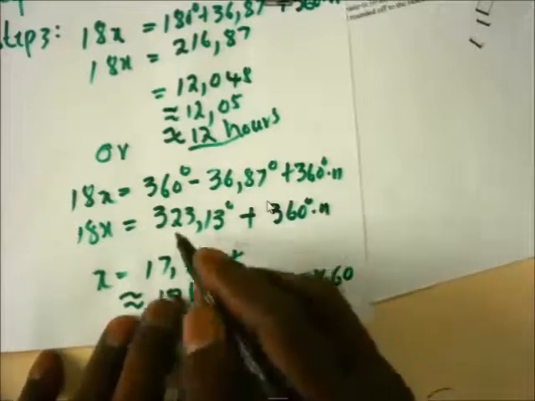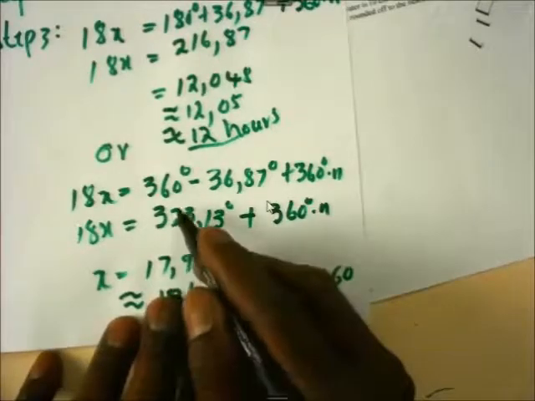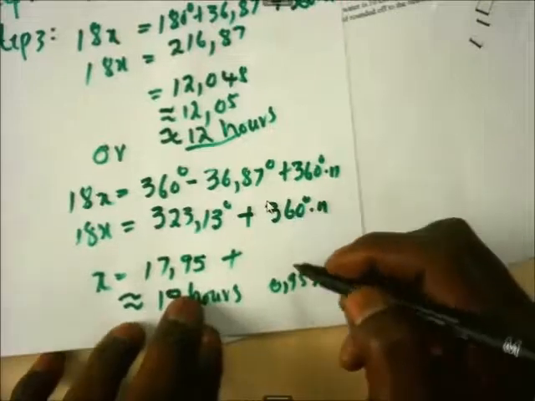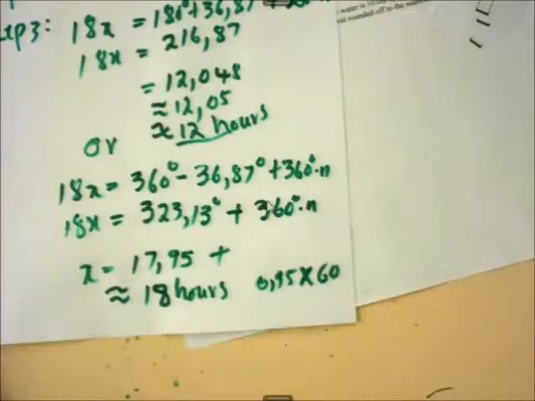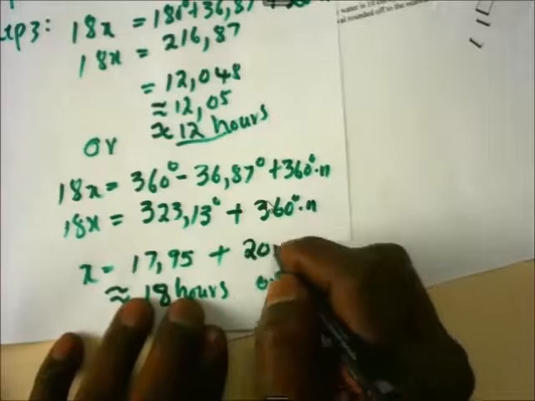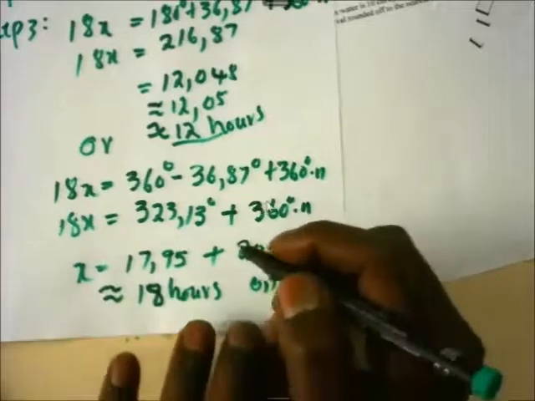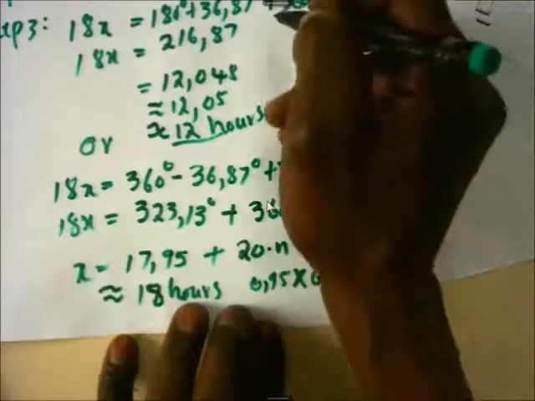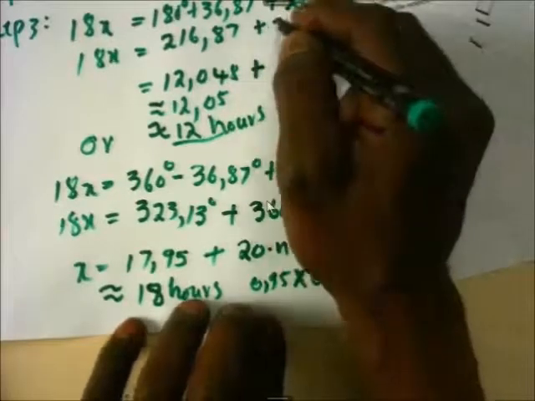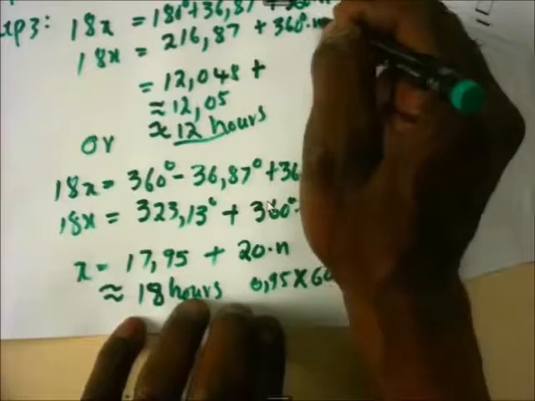Now we have divided this value by 18 to get 17,95. Therefore, we must divide this 360 by 18. So if we divide 360 by 18, we get 20 times n. Similarly, we're going to do the same here. Divide, this will be plus 360 degrees times n.